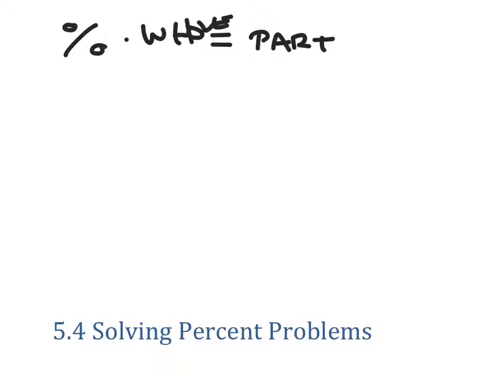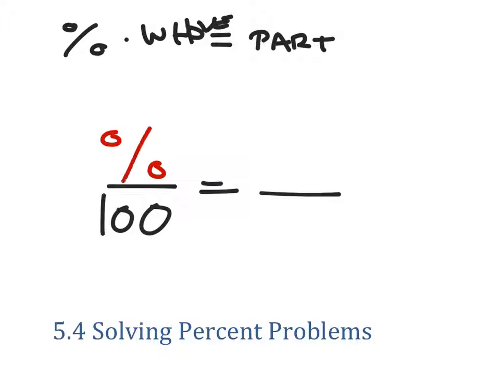Now if we do that though, it sets up like this. It's still a proportion. And that's what I like about this: if we just learn about proportions, if we stick with proportions, then we should be good. So it's always going to be out of 100, because it's a percent, right? And then we put the percent, it's out of 100. So hopefully that makes sense at least.